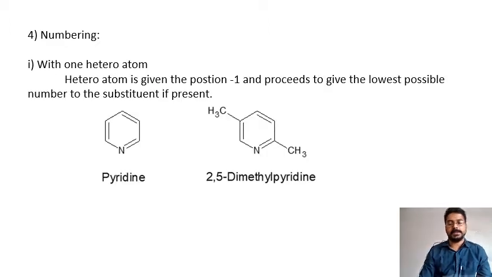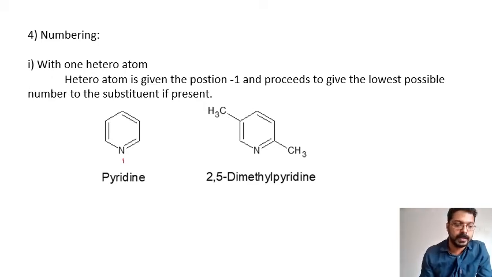So let us write the next one, numbering. The next rule is numbering. If one heteroatom is present, the heteroatom is given position 1, and numbering proceeds to give the lowest possible number to the substituents if present. For example, pyridine: 1 is for the nitrogen.